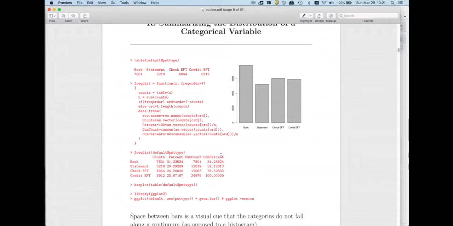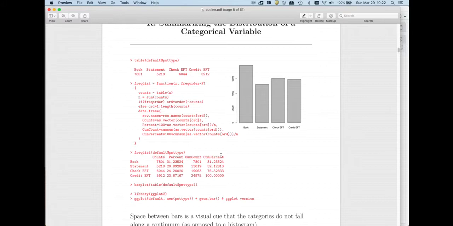Now, obviously, they don't do everything. Otherwise, there wouldn't have been subsequent generations. And what happened next was that in the late 80s and early 90s, a scholar by the name of William Cleveland devoted his research to developing graphical tools.